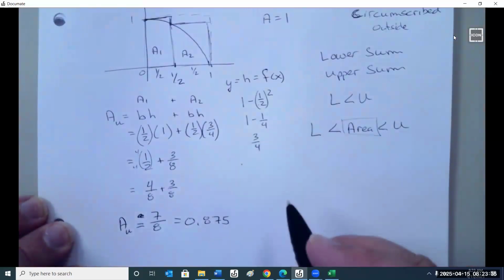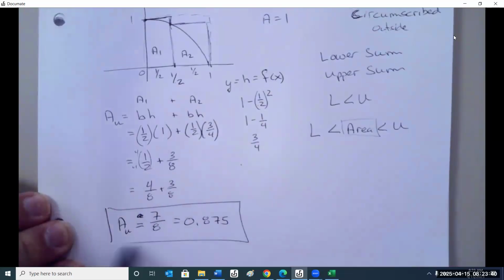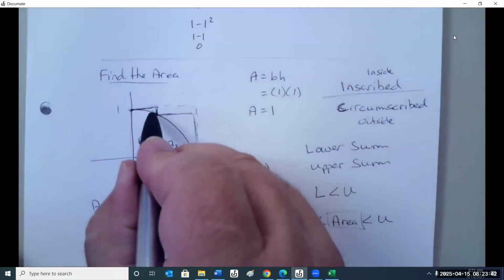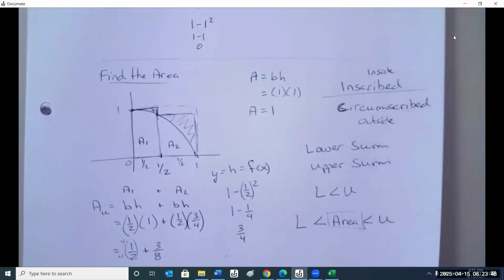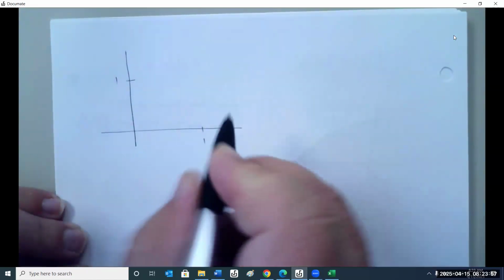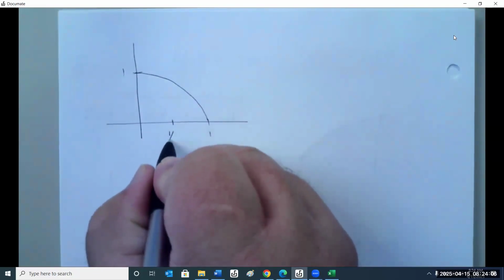Okay, so now let's look at the lower bound. This is the upper bound because it's from the outside, because now we have a whole bunch of area that's wasted. Let's look at the lower bound. We're cutting it into two pieces.